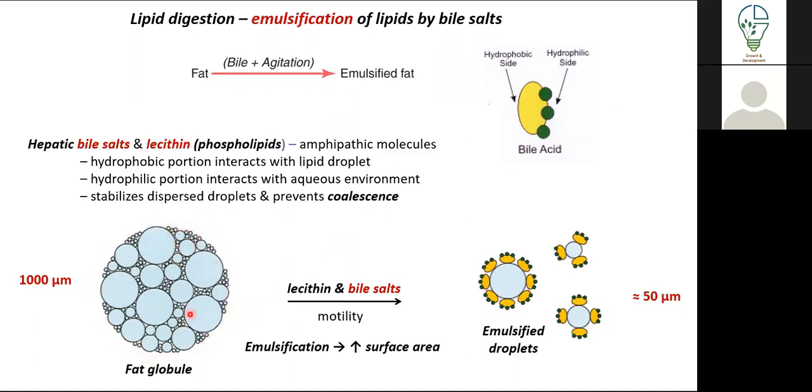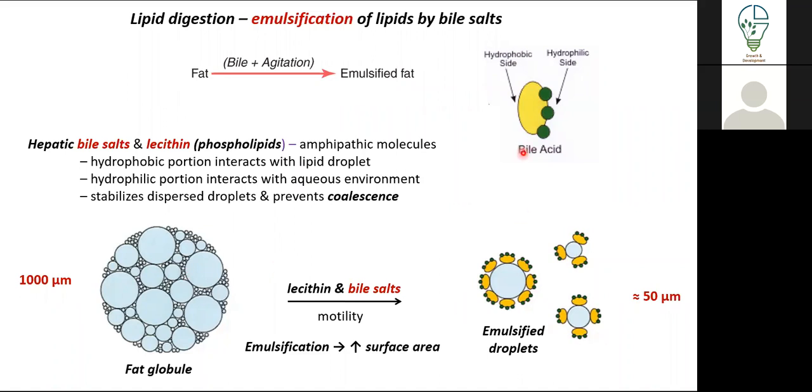So this is a fat globule. If I have this large fat globule and the lipase can only work on the surface, all of the inside cannot be worked on until it's done with the surface, and then it will go down and down and down. That takes so much time, so that's very inconvenient.